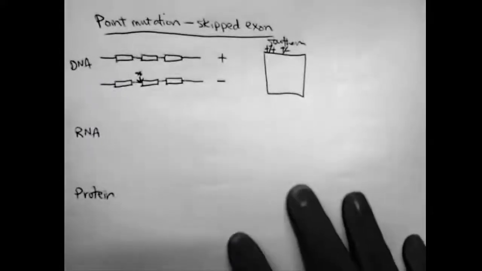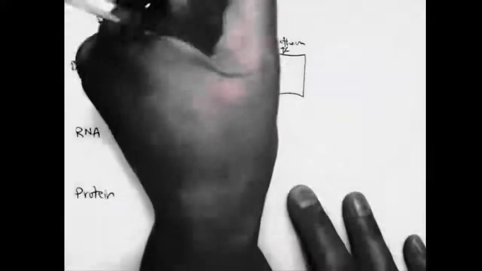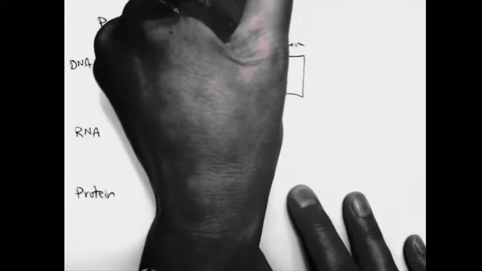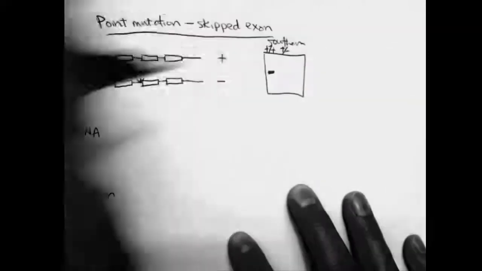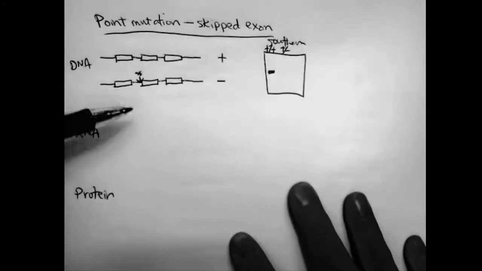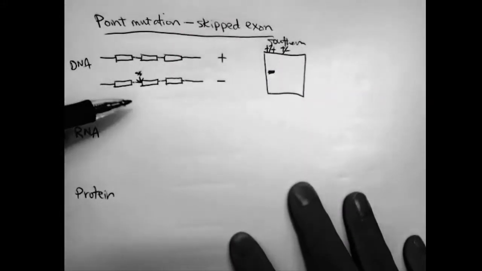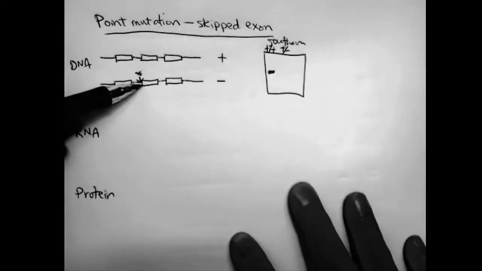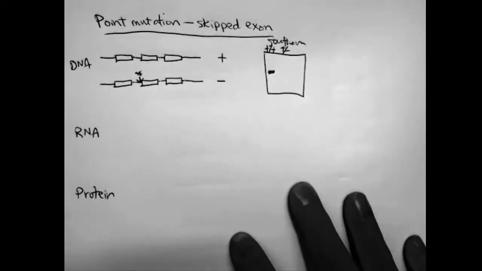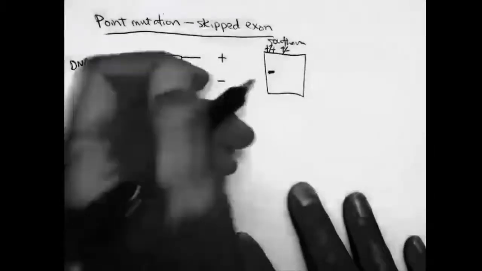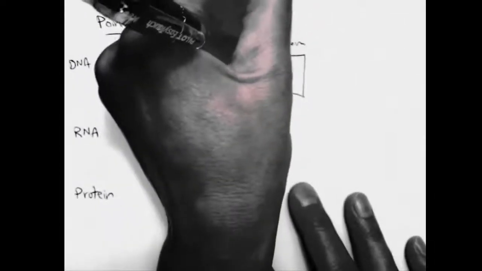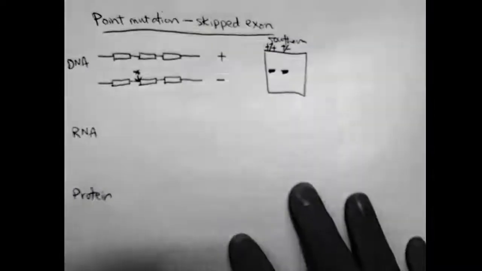What you would see on a southern blot is in a wild type individual, if you had a band about that size, on the DNA, you wouldn't actually see a change in the size of the band of that mutant allele because it's just a point mutation, one base to a different base. And so an individual who was heterozygous, for example, would have only one band.